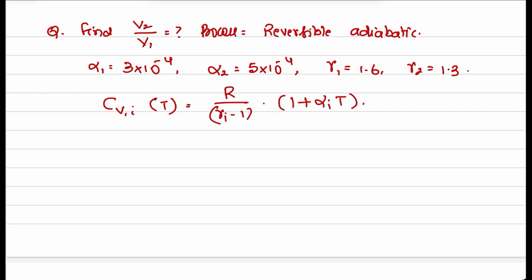The values of gamma 1, gamma 2, alpha 1, alpha 2 are given. Then CV1, CV2 you can easily find out. Now, let us try to solve this question.